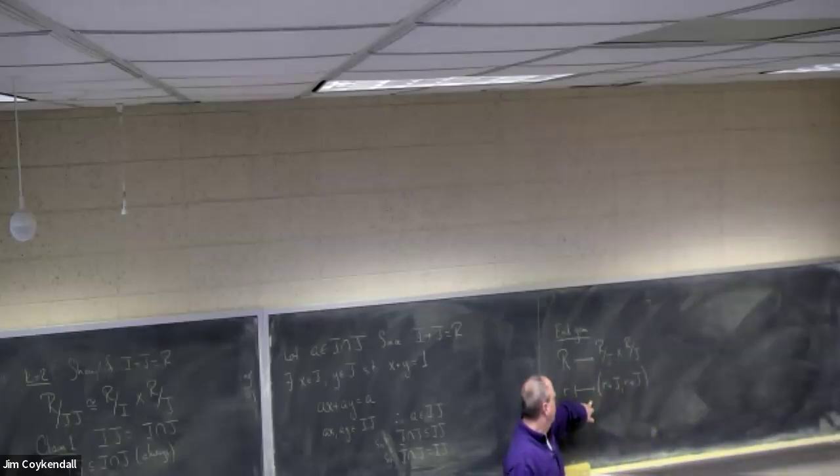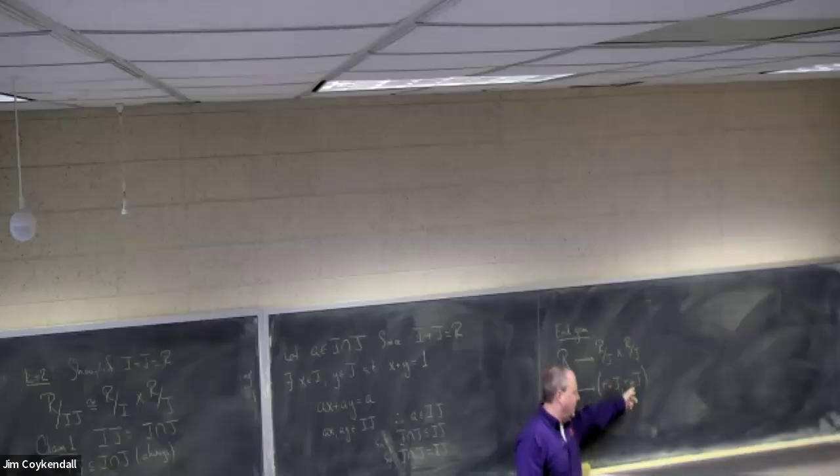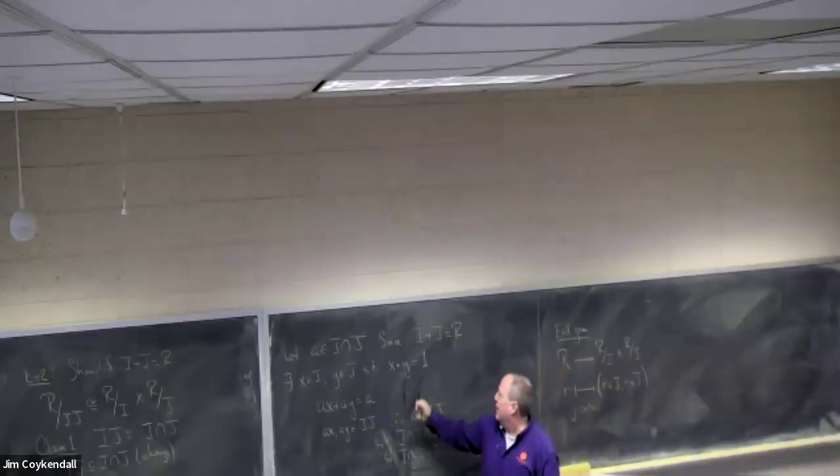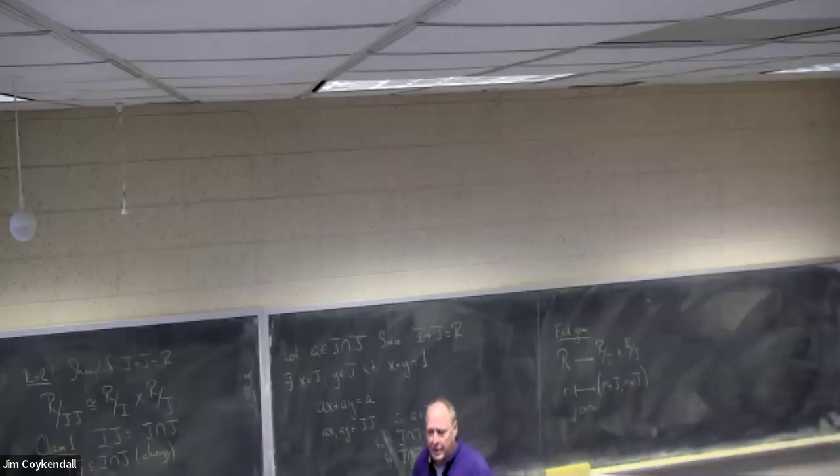I claim that this function here is onto. This is not readily apparent, because notice I had two coordinates to fill. I've got to come up with anything in R mod I and anything in R mod J to make this onto, but I've only got one parameter. R goes to this, goes to this. How could this fill everything? But it does, and it's because I plus J is R. Those are comaximal. See if you can figure that out. Otherwise, we will dig that up next time. Any questions? All right, we will see you all next time.